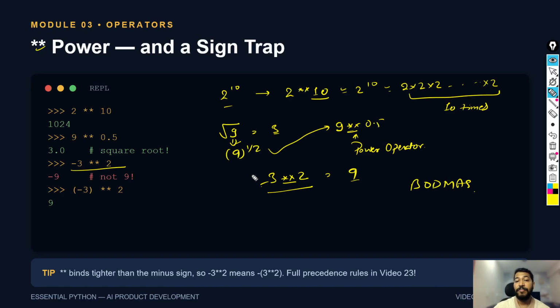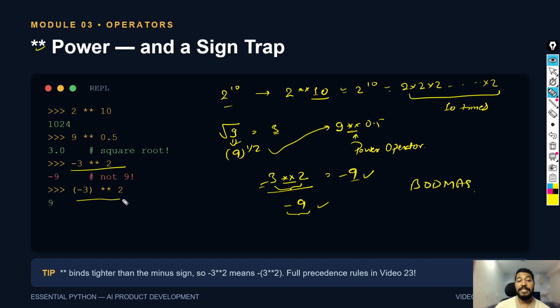So the power gets more precedence over the minus operator, and it will be calculated first. So this will give you an output of 9 prefixed with minus. The correct output will be this one.